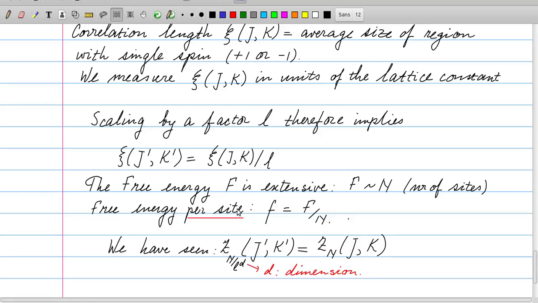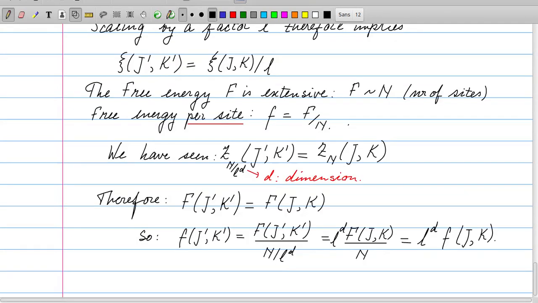So what we can infer from this is the following. The free energy is directly defined in terms of that partition function. So if the partition functions are the same, then the free energies are the same. And if I then consider the free energy per lattice site, I should divide the free energy by the number of sites, in this case the number of k spins, which is n divided by L to the power d.